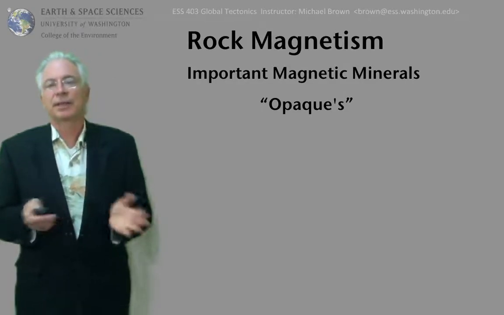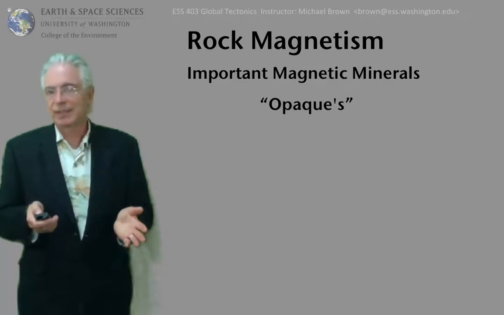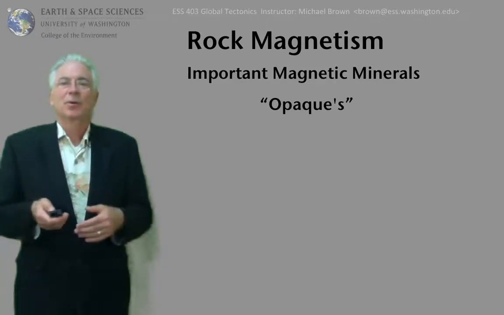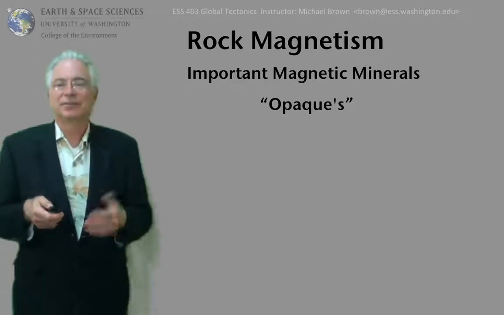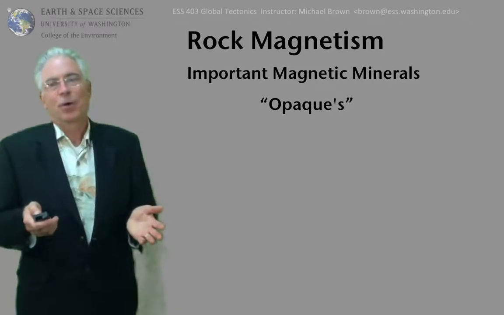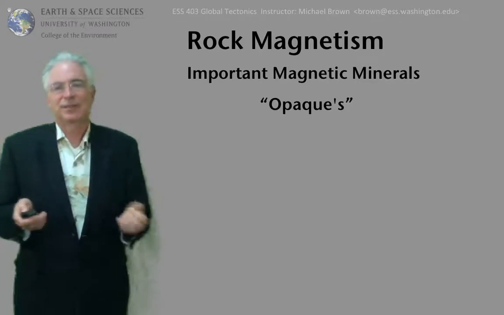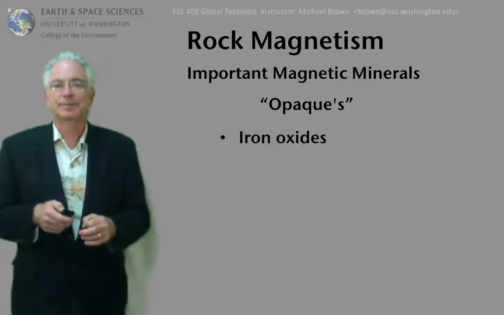However, there are additional minerals in most rocks that completely block the light, and these minerals that block the light are often the oxides of the transition metals, and thus they are opaque to light and simply show up as black blebs under the microscope.